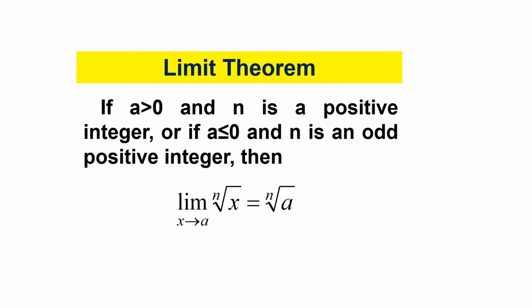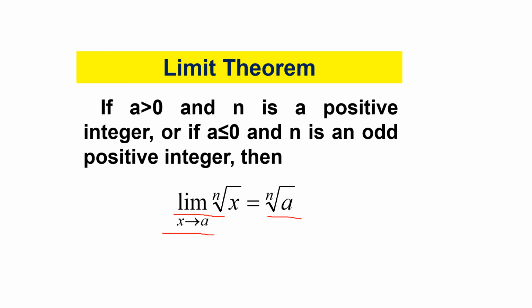For the last concept of the limit theorem, if a is greater than 0 and n is a positive integer, or if a is less than or equal to 0 and n is an odd positive integer, then we consider this: the limit of the nth root of x, when x approaches a, will be equal to the nth root of a.